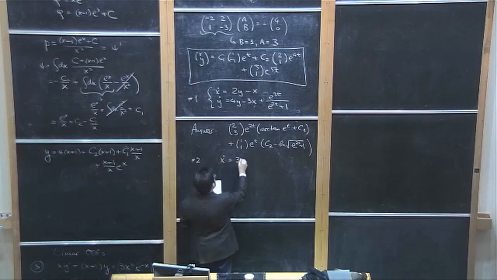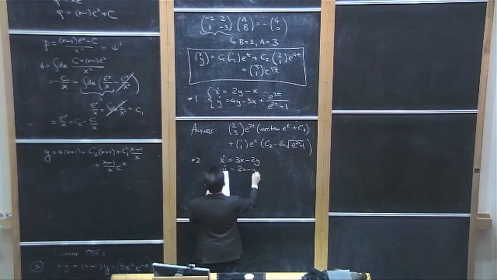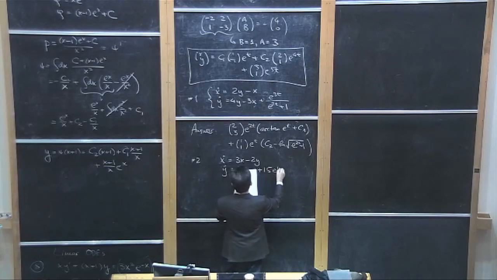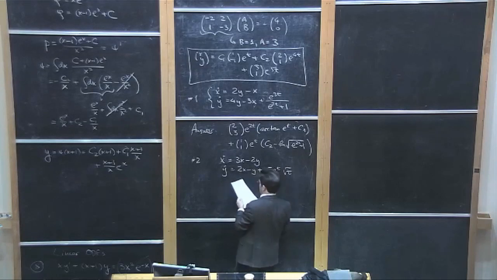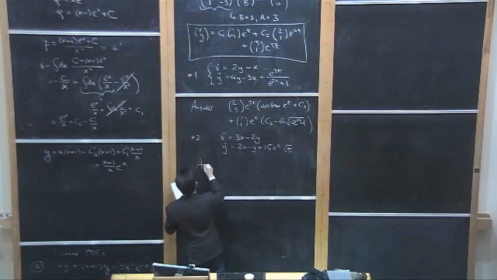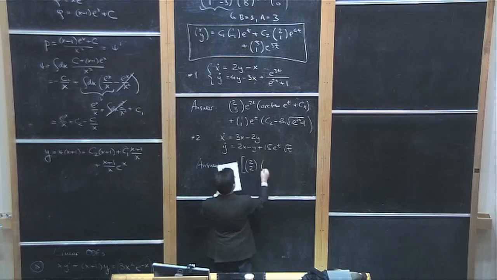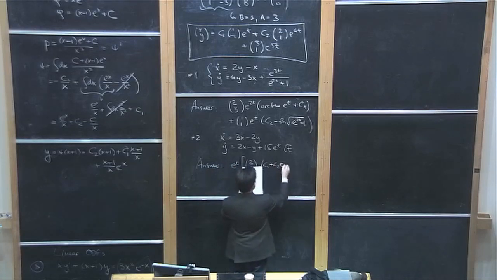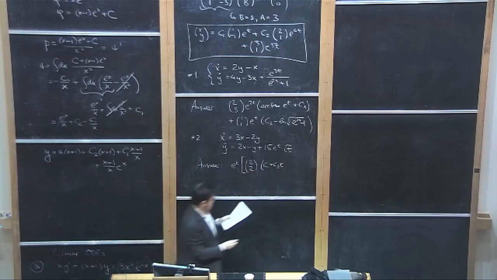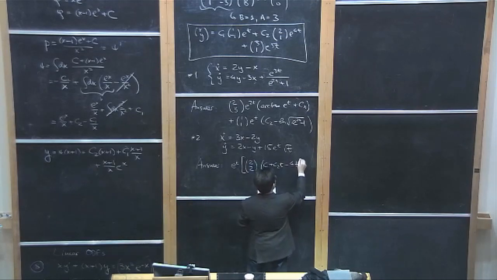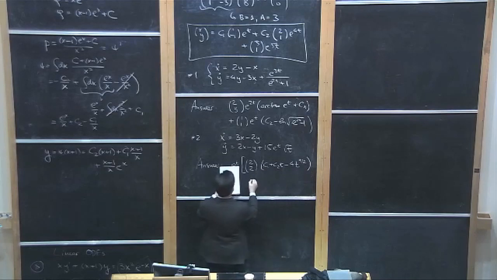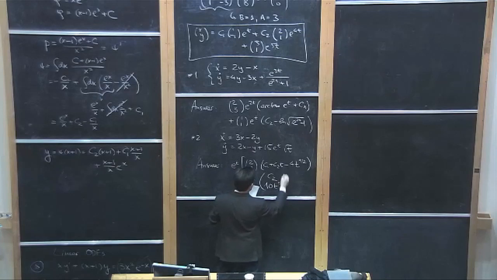x dot equals 3x minus 2y. y dot is equal to 2x minus y plus 15 e to the t square root of t. Answer: e to the t, (2 C1 plus C2 t) minus 4t to the 5 halves, plus C2 and 10t to the 3 halves.